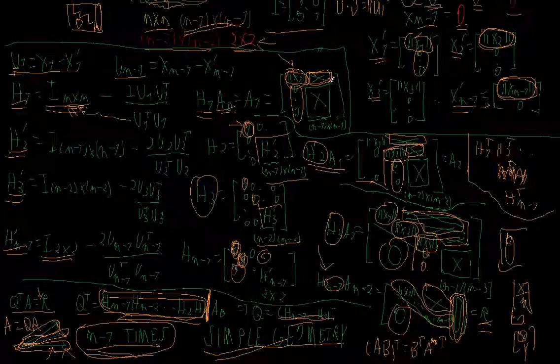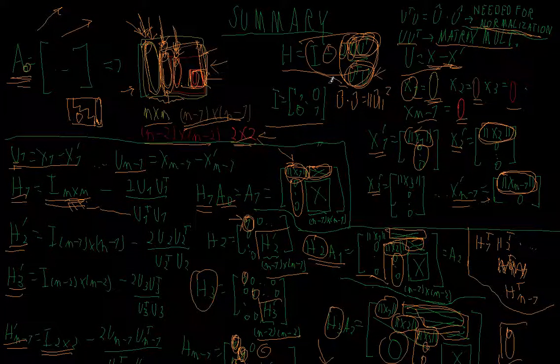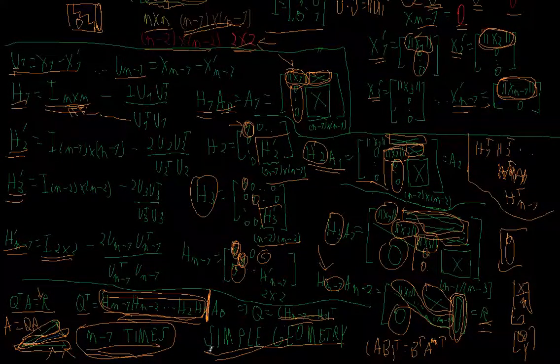Mr. Householder, the matrix is named after him. You use the properties of dot product, which can be written in matrix multiplication, and the properties of reflection or whatever to build up this Householder transformation. You can look for the derivation online if you want. It's simple geometry. It's nothing complicated.